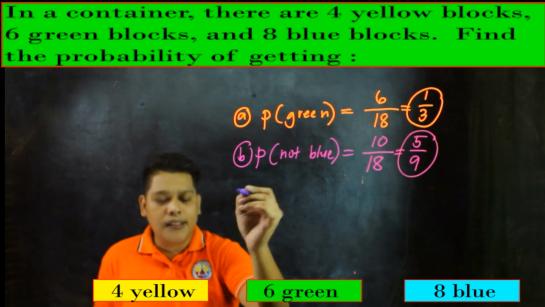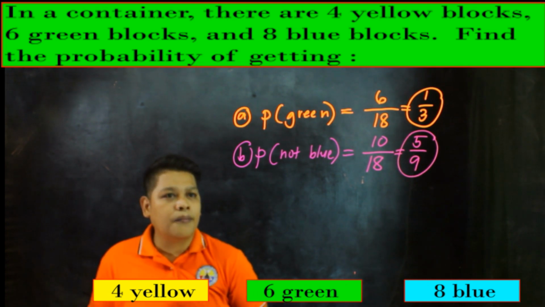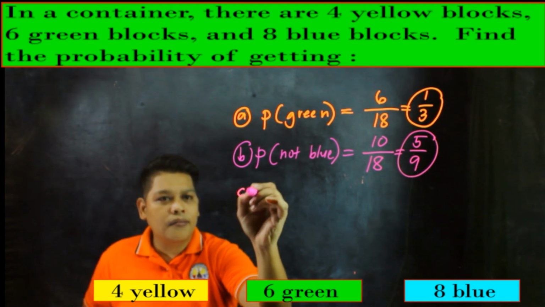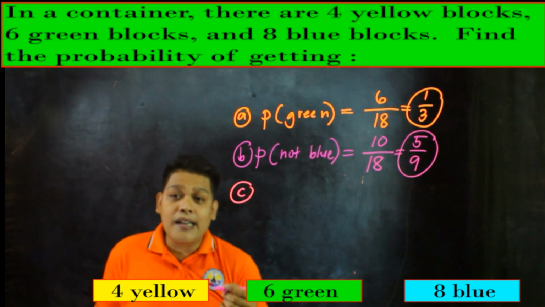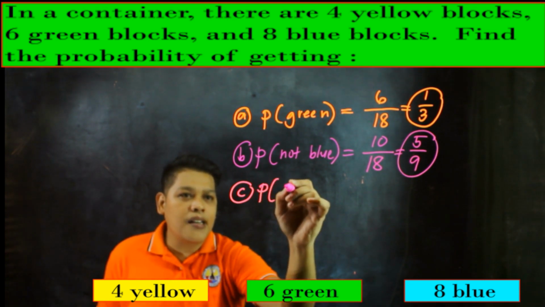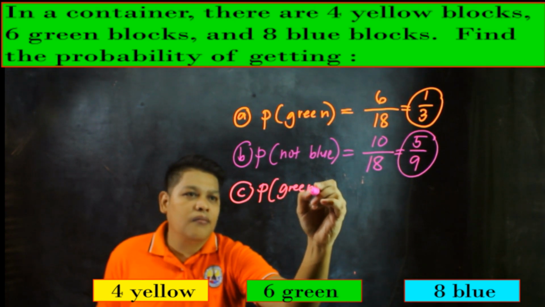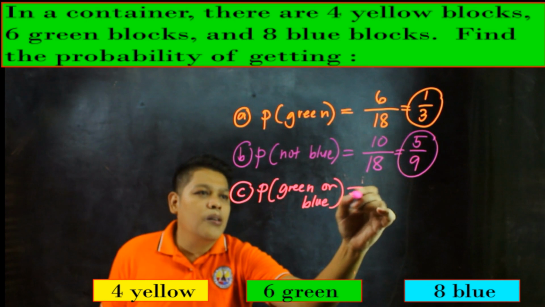So letter C. In letter C, our event will be a block that is green or blue. So the event is green or blue.